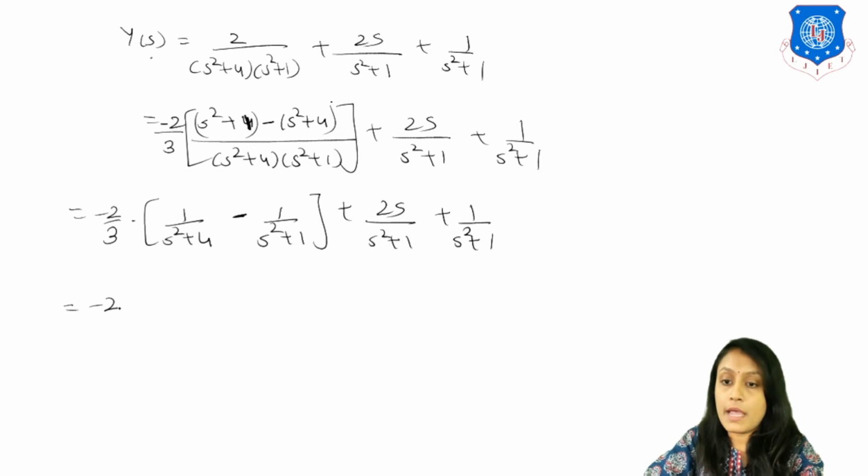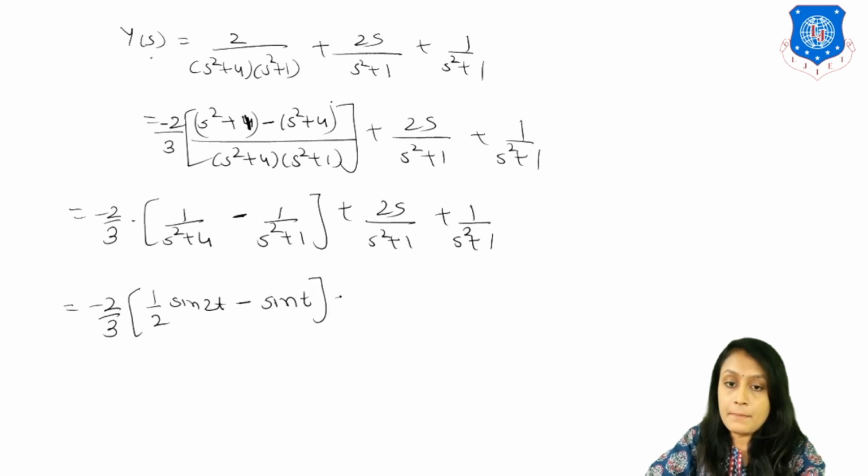So minus 2 upon 3. Laplace inverse of this term is 1 upon 2 sine 2t, minus the Laplace inverse of this term, which is sine t, plus 2 as it is. Laplace inverse of s upon s square plus 1 is cos t, and Laplace inverse of this term is sin t.